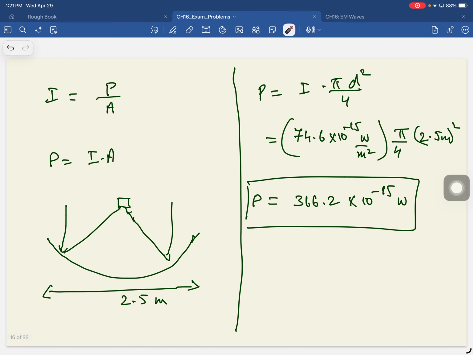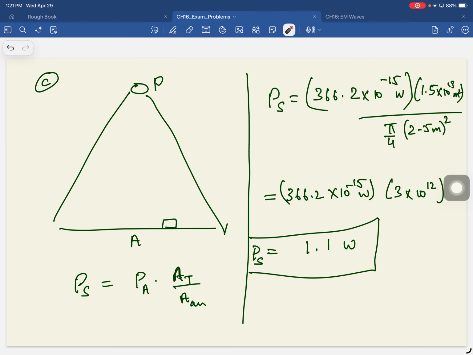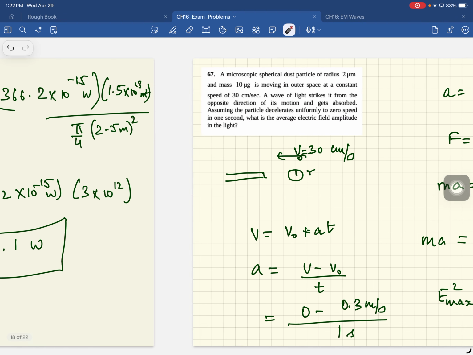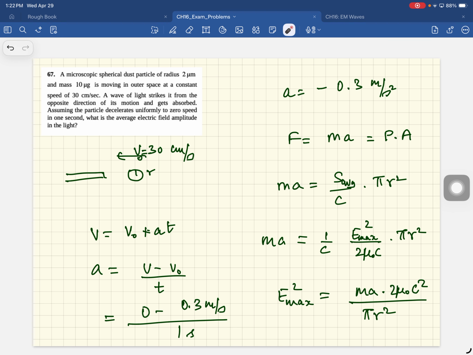So this is 1000 times greater. Okay, so you're much closer to the sun where this light beam is stopping that particle. So you have to be much closer to the sun.